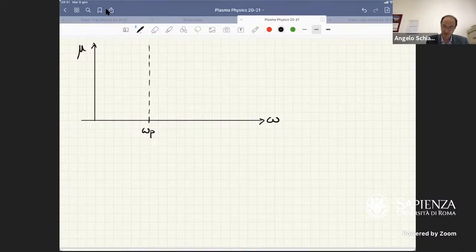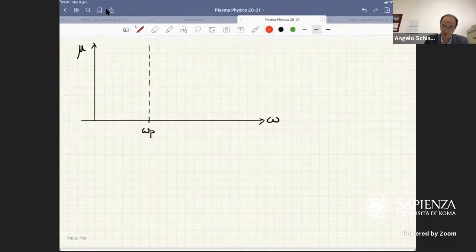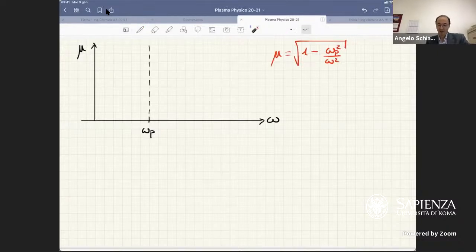Let's write the formula: mu equals the square root of 1 minus omega p squared divided by omega squared. When omega goes to infinity, mu goes to unity, as in vacuum, where the refraction index is 1.